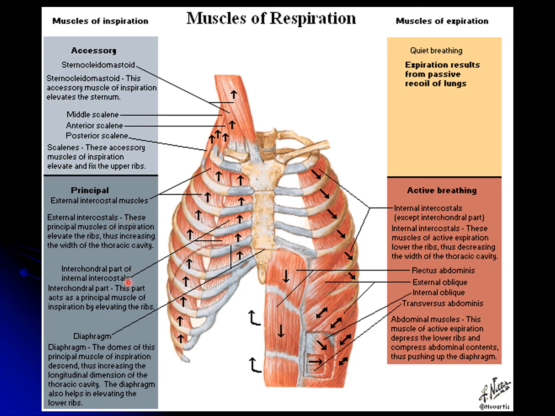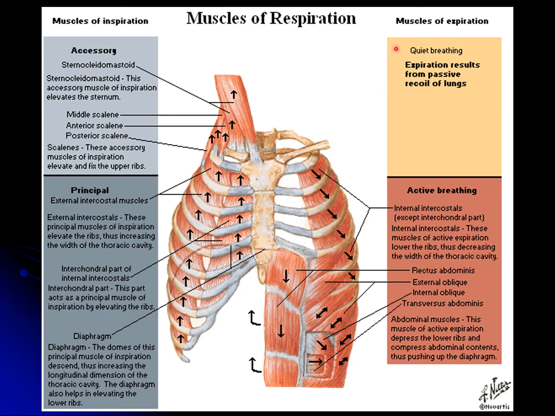These are the principal muscles of movement, along with the accessory muscles needed for forceful breathing: sternocleidomastoid, and the anterior, middle and posterior scalene. Already we discussed these muscles.